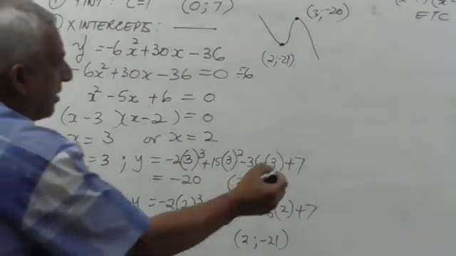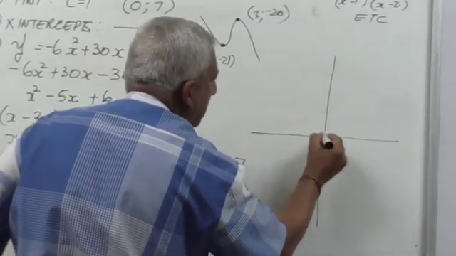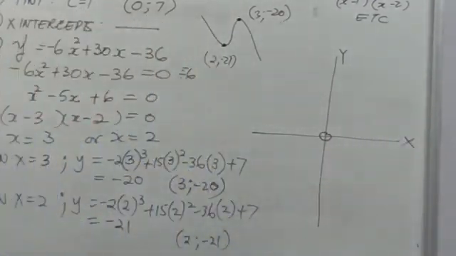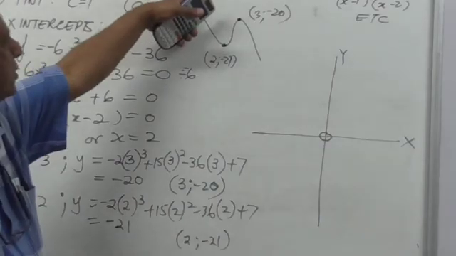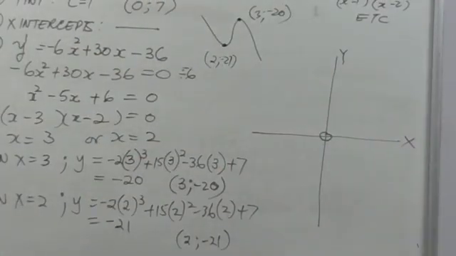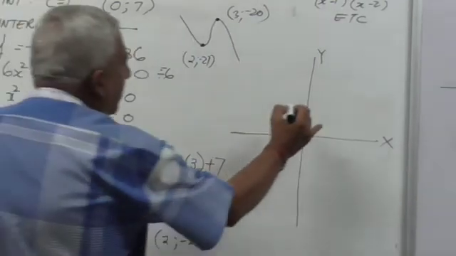So I'll just draw the graph here. We're going to do a rough sketch. There's 0, there's your y, there's your x. And because the number in front of x cubed was negative, we know the graph is going to go that shape. So let's see. What is the y-intercept? It is 7. So the y-intercept is somewhere here.